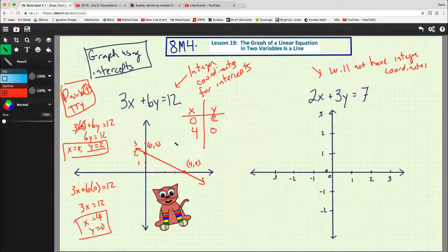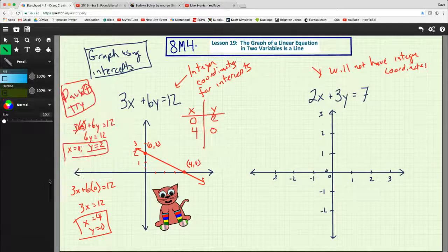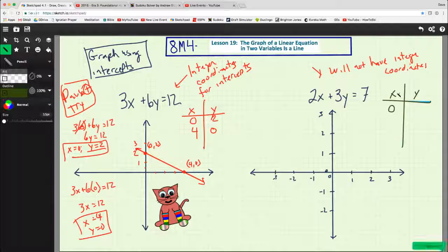We'll do this other one in green just because I like changing it up. Okay, so this isn't going to have even coordinates, but watch how it's still going to work out. Okay, x, y. We've got to find y when x is 0 and x when y is 0.